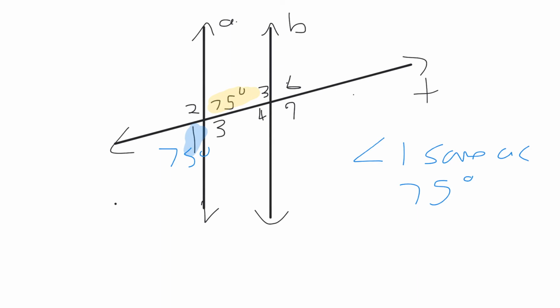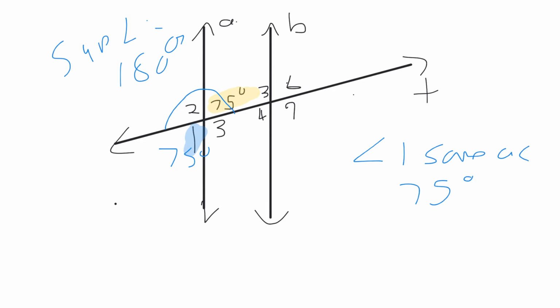If you think back to what we've learned before, angle 2 and the 75 degrees are considered supplementary angles, and we know that supplementary angles equal 180 degrees.